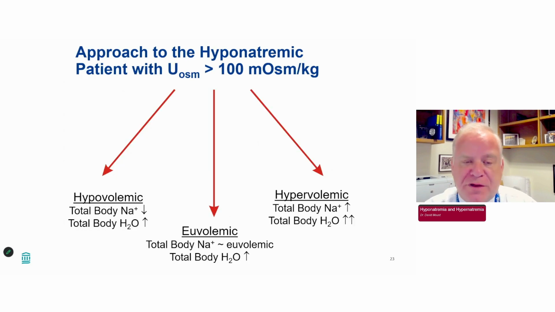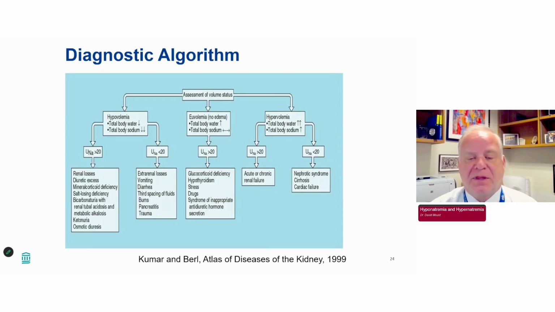And I think you're all familiar with this tripartite diagnostic tree for hyponatremia. With hypovolemia, your total body sodium is decreased, but total body water is proportionately increased, but potentially low. SIADH is considered to be euvolemic, but in reality is slightly hypervolemic. And hypervolemic hyponatremia, such as in heart failure and cirrhosis, has an increase in total body sodium and total body water.